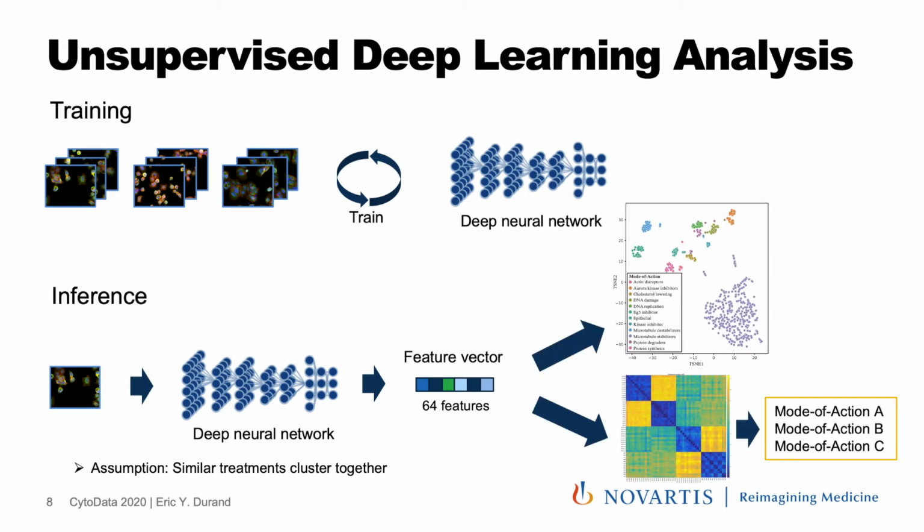And then you can use this feature vector to either visualize your compounds using t-SNE or UMAP or PCA, or to do a clustering analysis that can then lead you to identify mode of actions. And here the assumption behind unsupervised techniques is that similar treatments will cluster together because they have a similar phenotypic effect on the cells, and therefore the images will look similar.